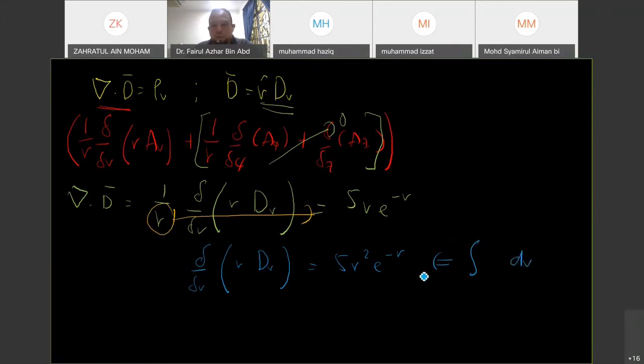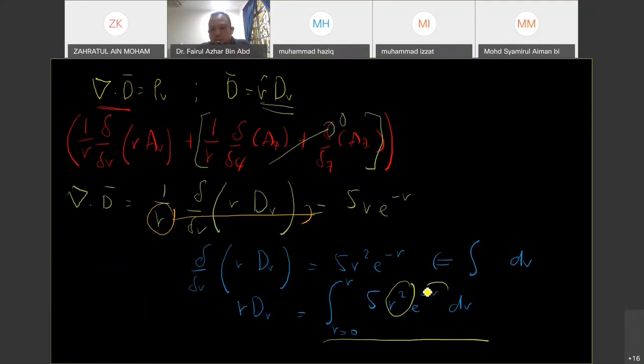For both sides. On this side we have the derivative, so when we perform integration on this side, we will have r D r. Here we need to perform integration from r equal to 0 until r of 5 r squared e minus r dr. Same again, in this case we need to perform integration part by part, because we have r squared and e power of minus r here.